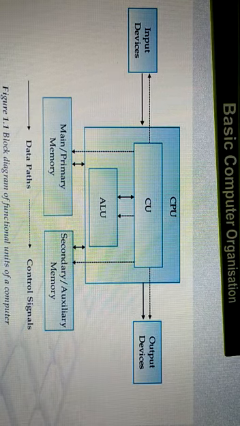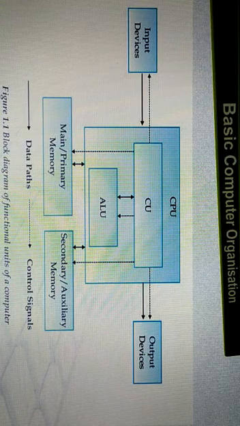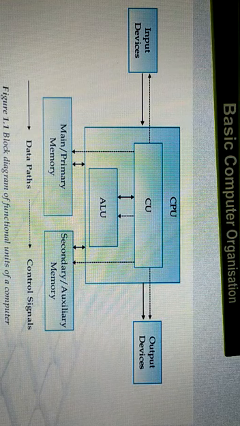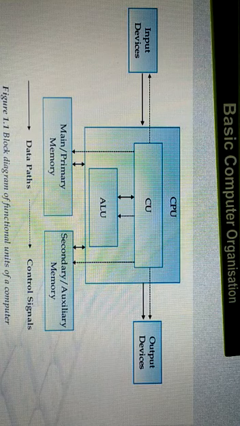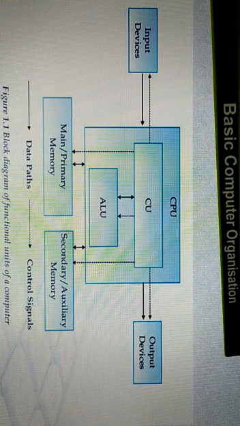Now, what are the main functions of input devices? Whenever you give any data and instructions, what happens? The input devices help us to communicate with the electronic computer by converting human understandable signals and numbers into appropriate electric signals. That means any instruction given by the user is converted into electrical pulses, and this is the responsibility of input devices.